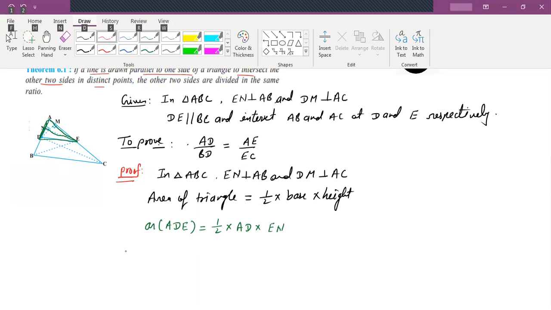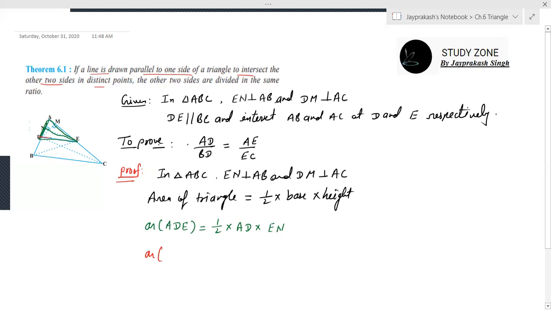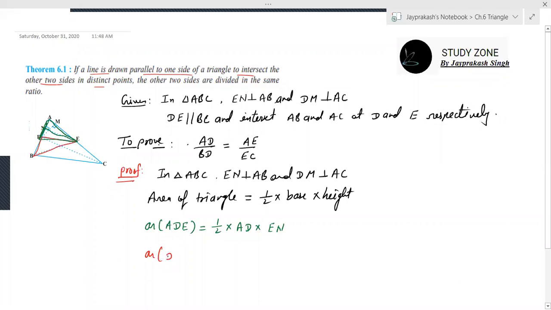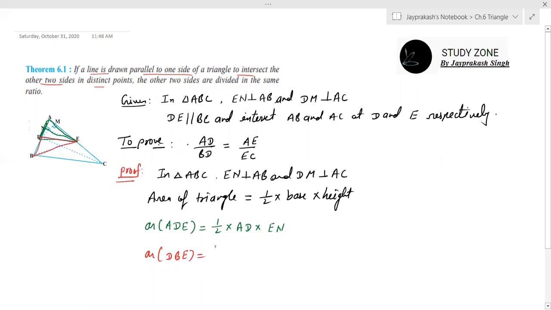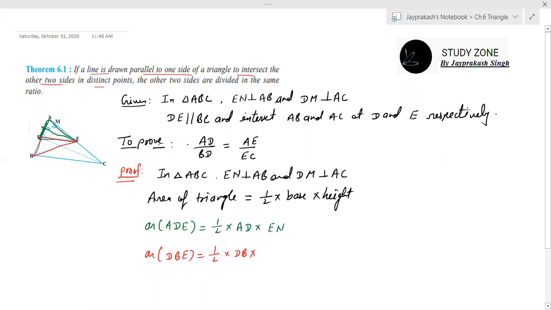Now in the same way, we have to find the area of the lower half, that means this one, DBE. So for the triangle DBE, we can write here half base, DB is the base, and the height.